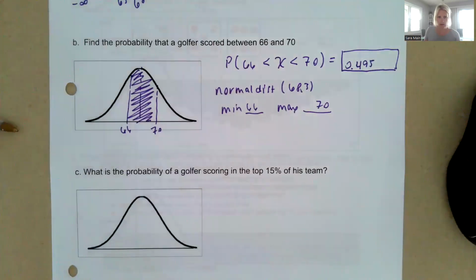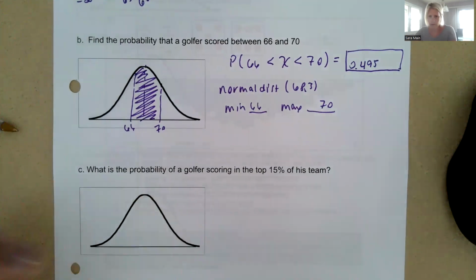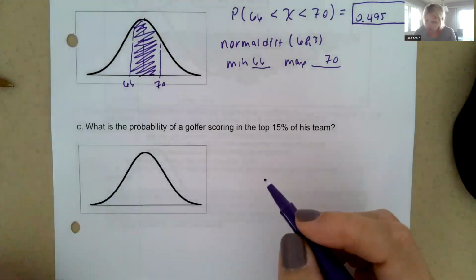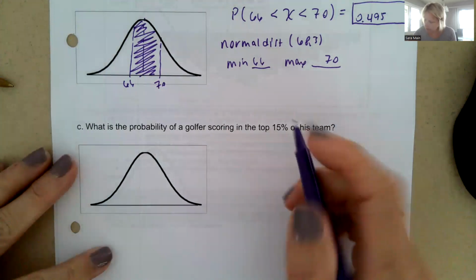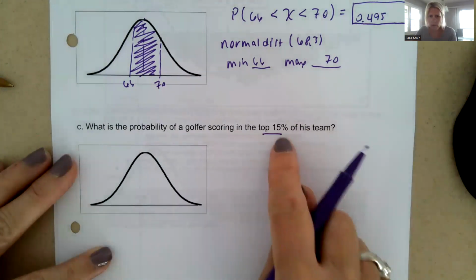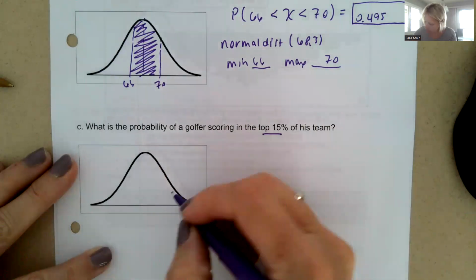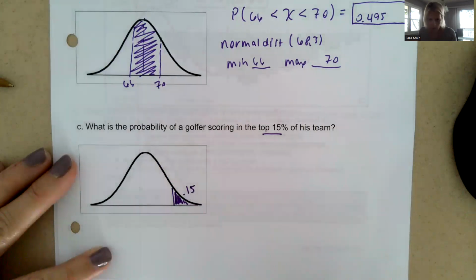What is the probability that a golfer scores in the top 15% of his team? Top 15%, okay, and we know the percentage. It's bigger than 50%, so top 15% means it's over here, so this is going to be 0.15.